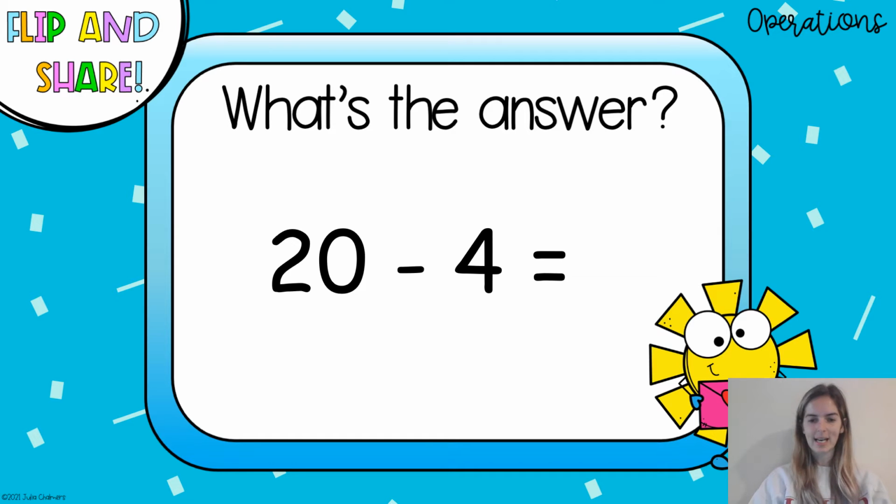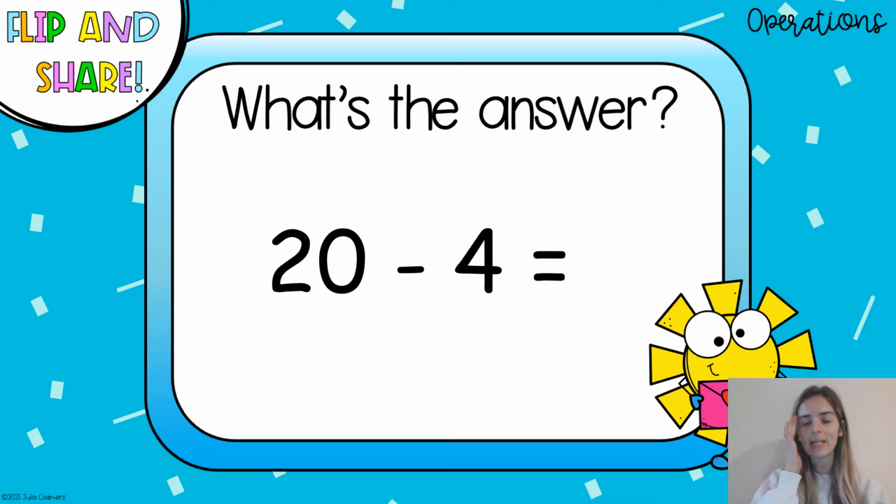Let's look at this one. What's the answer? 20 take away 4 equals. Now for this problem and the next one, I want you to try and do this in your head. So we're going to count back because we know that subtraction and takeaway means that we need to go backwards.